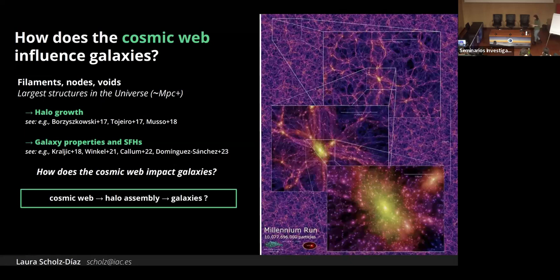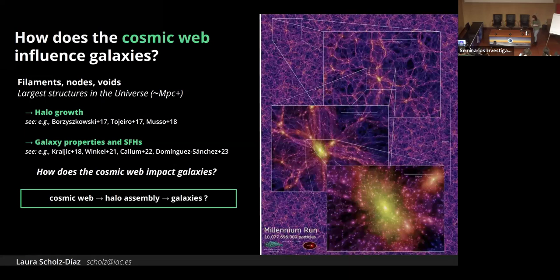So this is an open question, and it's something that we have not investigated yet: can the cosmic web affect halo assembly? It also has been shown that the cosmic web can affect halo growth, with halos that are in denser regions having, for example, earlier assembly histories.